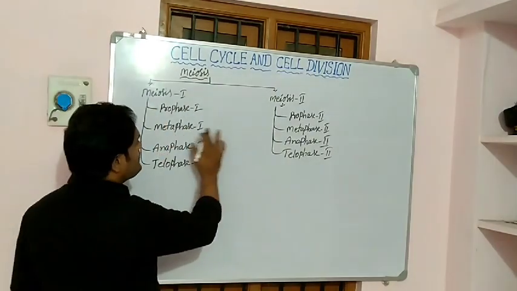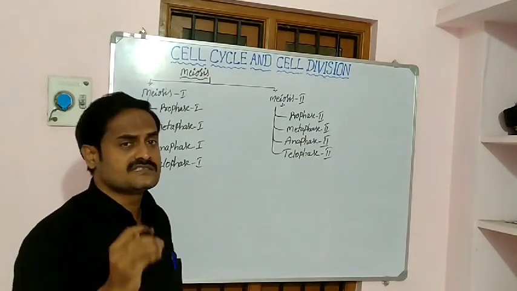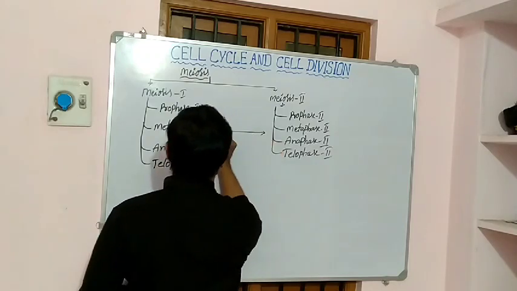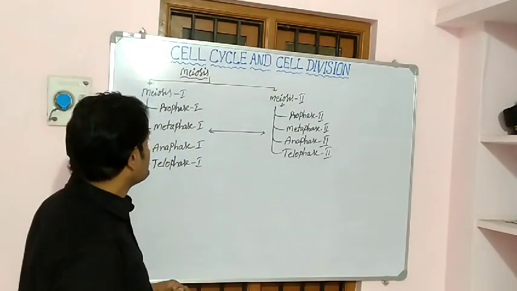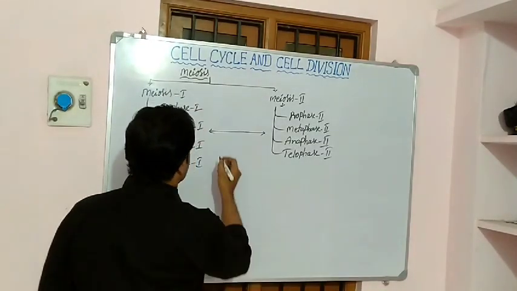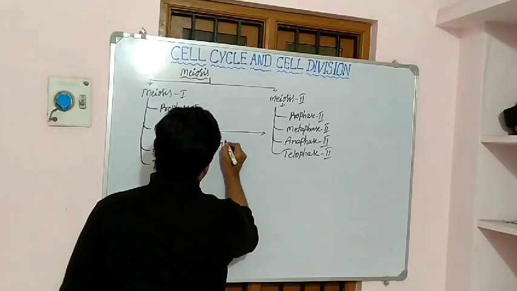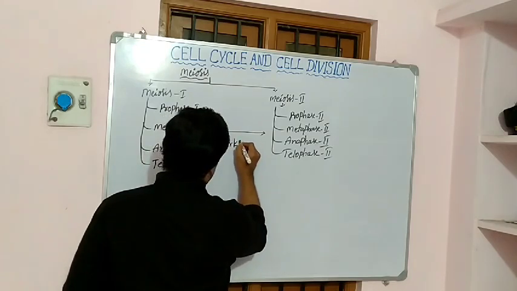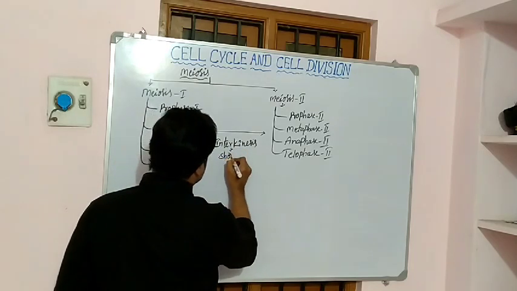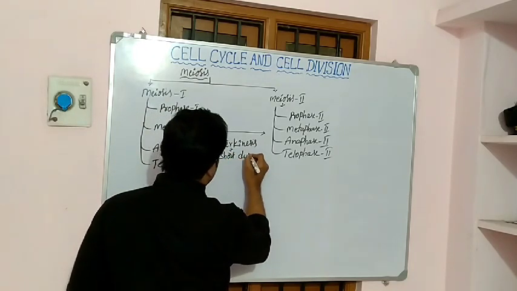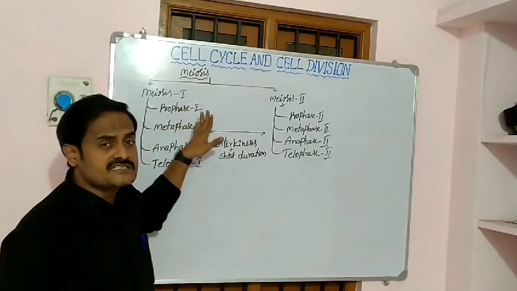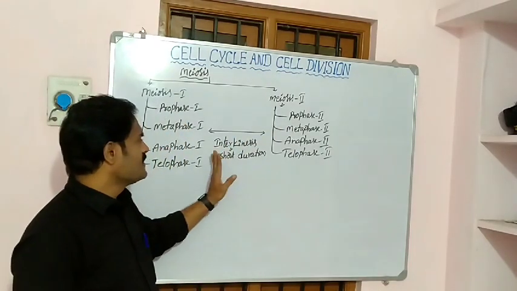Remember, in between meiosis 1 and meiosis 2, one small activity takes place. What is the process? Interkinesis. Remember, the process takes a very short duration. What is the name of that process?